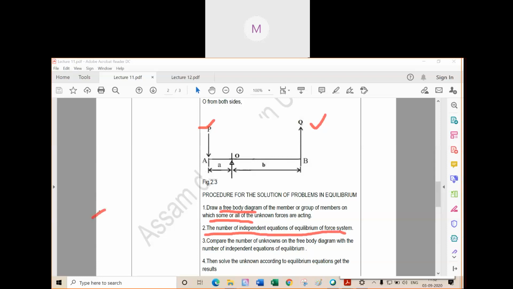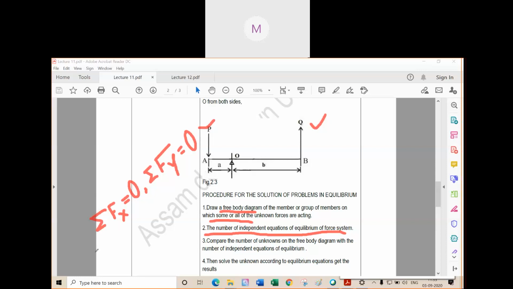Considering this, summation of f of x equal to 0 and summation of f of y equal to 0.